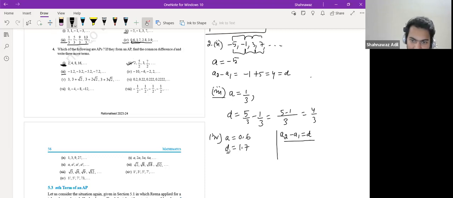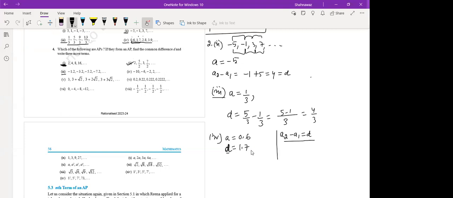So D would be how much? The subsequent terms are 0.6 and 1.7, and then 1.7 and 2.8. So what is the common difference?